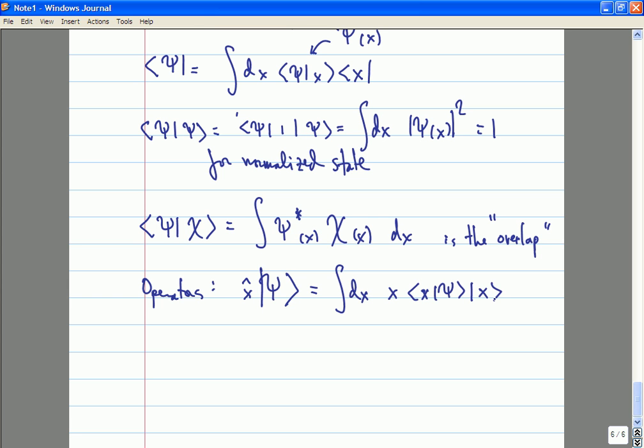So that defines the action of this operator x. In particular, it multiplies the wave function by x, now as a function of x. Okay. So in particular, it takes the wave function psi of x and gives you x times psi of x.